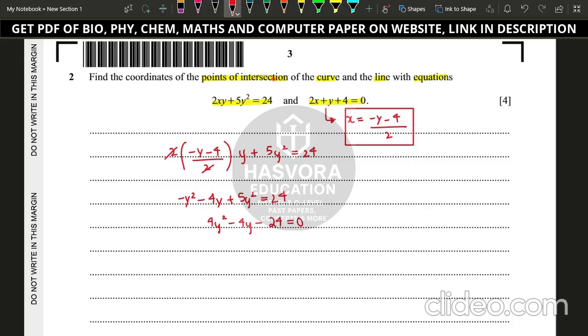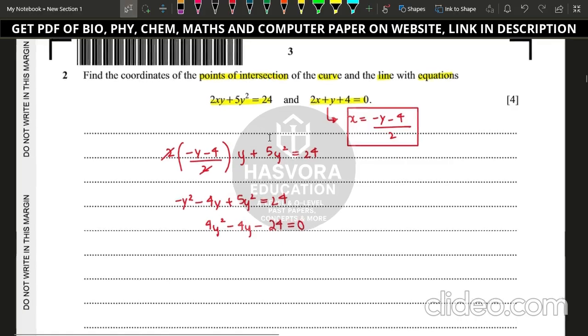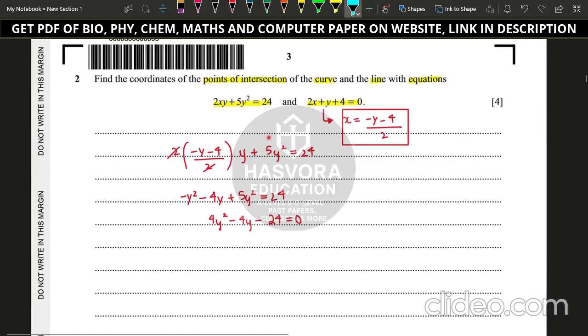Now let's decide what the factors are. We have to choose the factors that multiply to give us the product of these two. So minus 4 into 24, let's see what that is. Let's simplify it first. I'm going to divide this whole equation by 4.